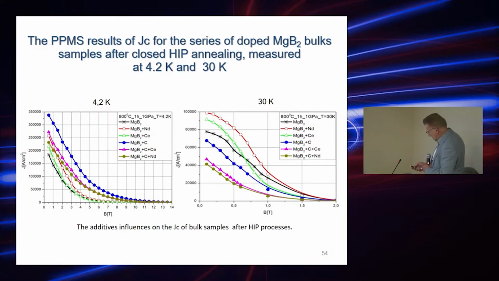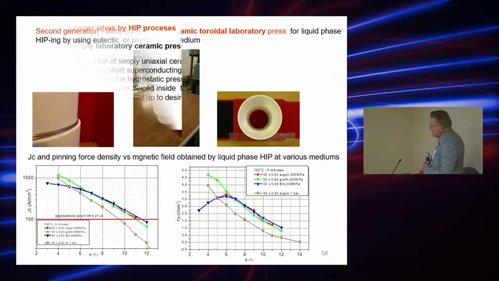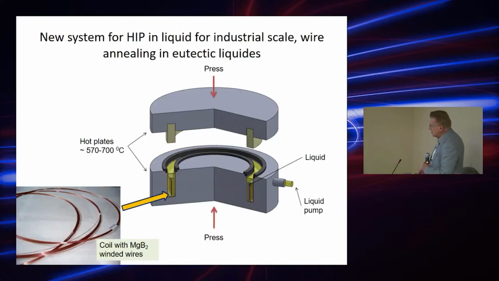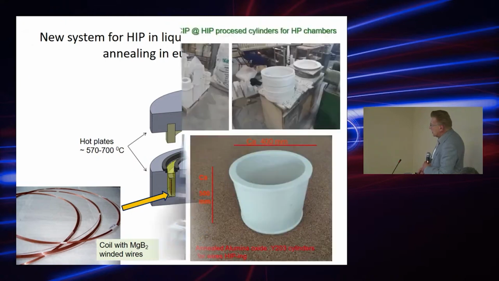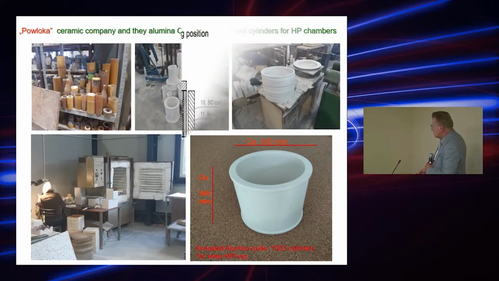One minute. Okay, I am just going to show this apparatus for longer wires. This is the laboratory. This is our first system for making the longest wires, and we use a cylindrical alumina oxide container, crucible, and chamber to produce the wires inside this chamber.